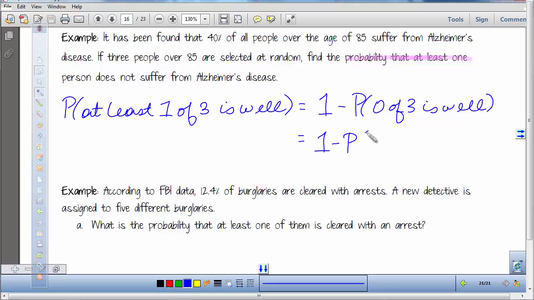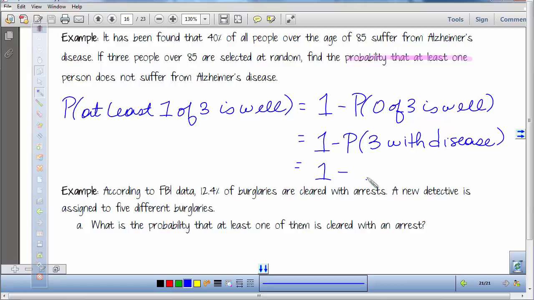So if 0 of the 3 are well, then that means all 3 have the disease. Okay, so we're talking about disease and disease and disease. And the question we need to ask ourselves is, are these dependent or independent? And we will treat them as if they are independent since we're given this percentage, and that percentage should have been based on a very large number.